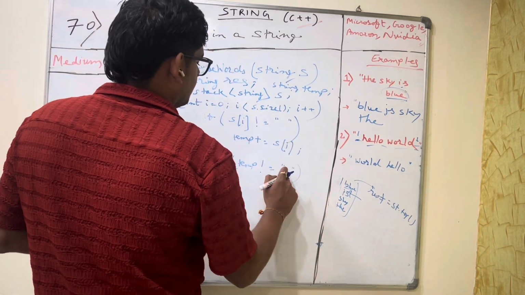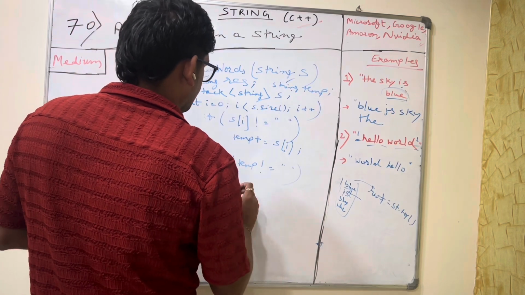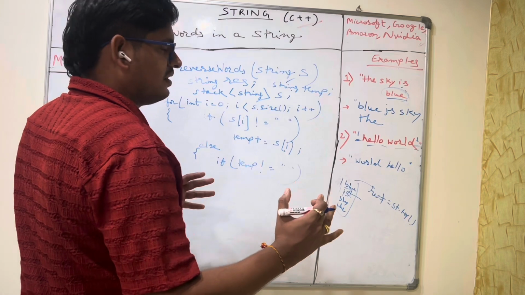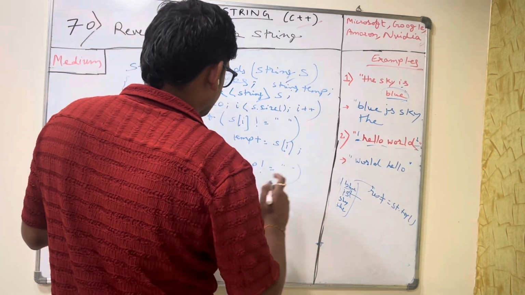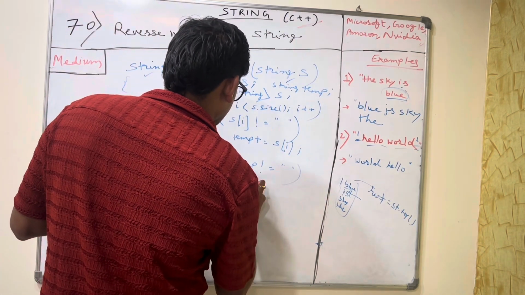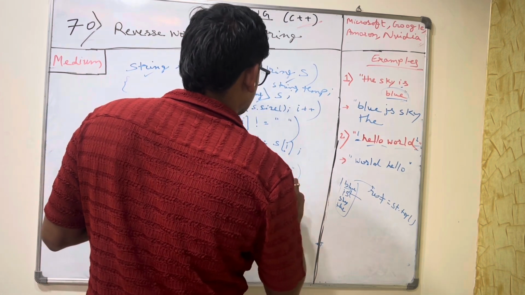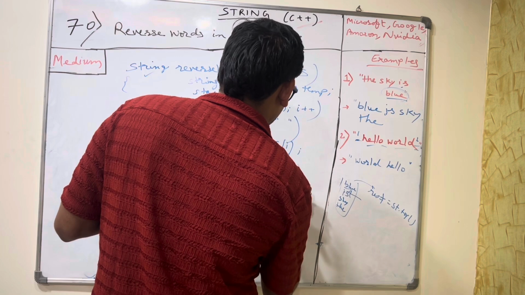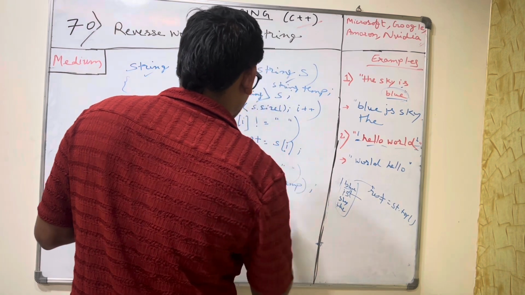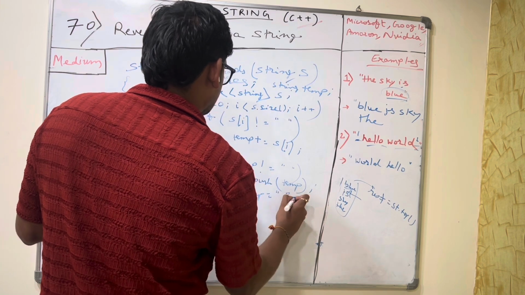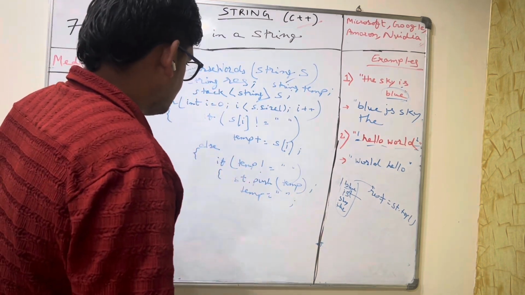This is a space, this is empty, okay. If temp is not empty, that means we have got the alphabets in the temp, we have got the word in the temp, so we push it into the stack, stack dot push temp, right? We have got the word and then we make temp as empty, right? So we make the temp as empty.